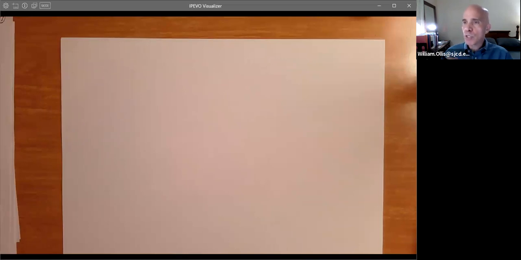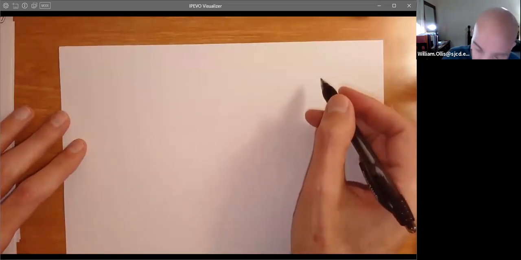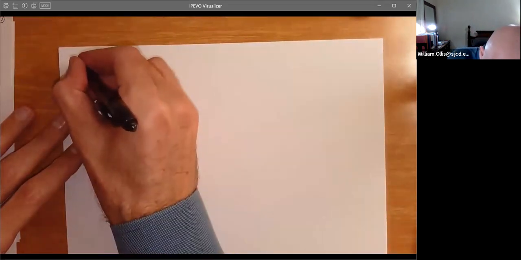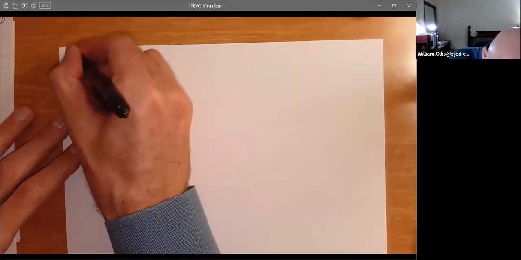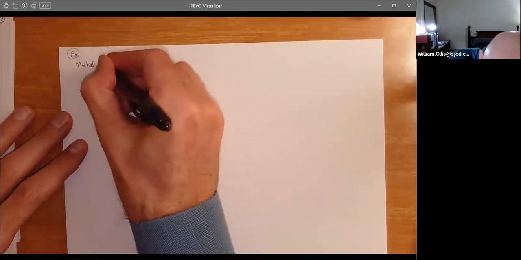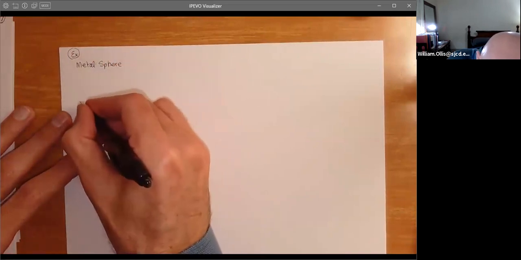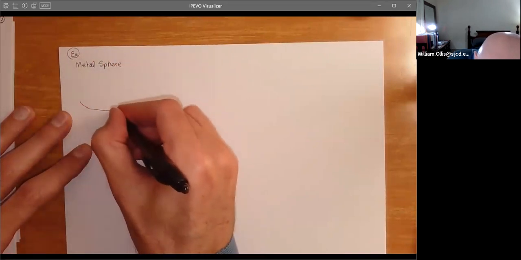You're just going to use the spheres of gold, drill them out to create gold rings. So, for instance, here's a nice example. Say we have a metal sphere. So we start with a metal sphere.